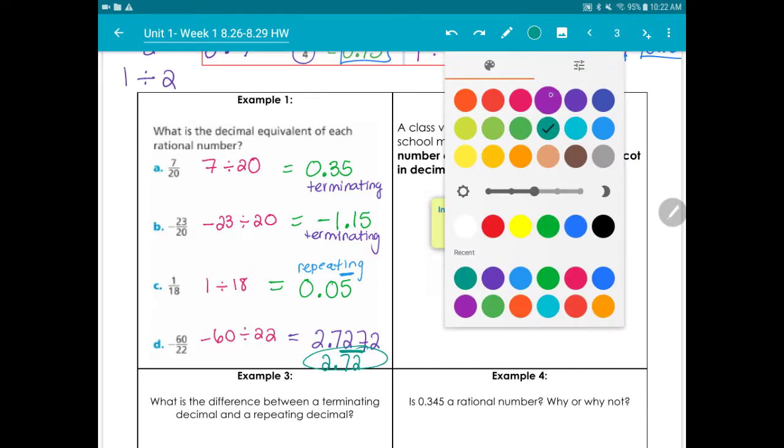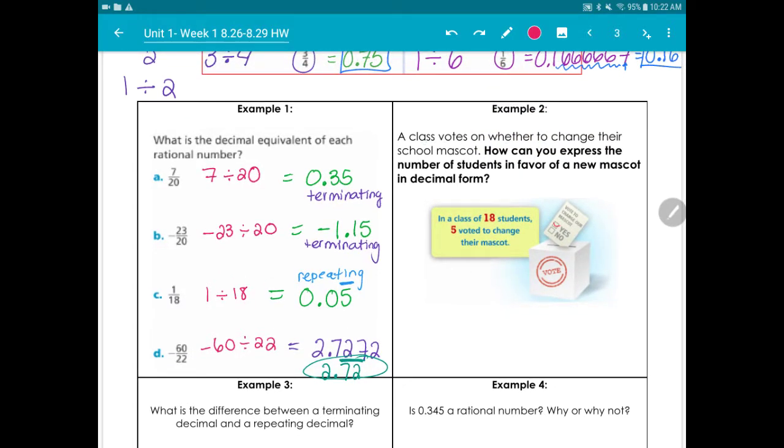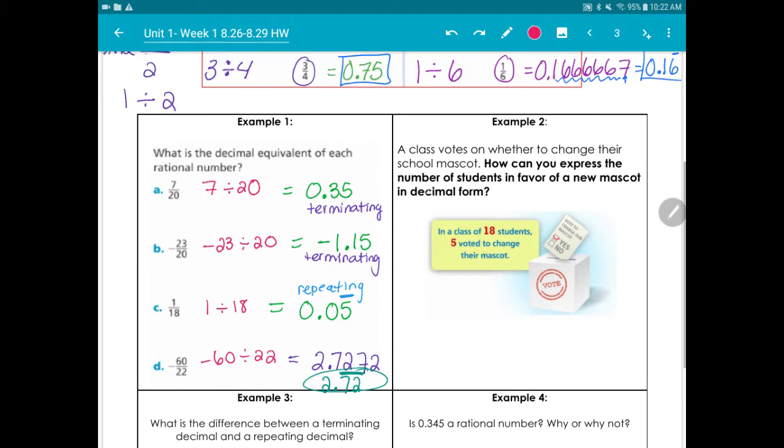All right, let's take a look at example 2. A class votes on whether to change their school mascot. How can you express this number of the new mascot in decimal form? So in a class of 18 students, so when that is out of, that goes on the bottom.